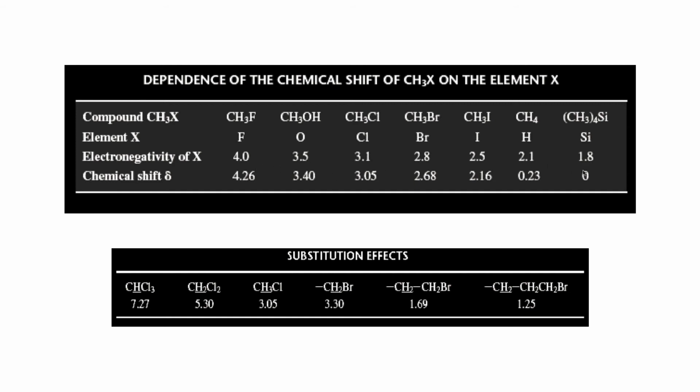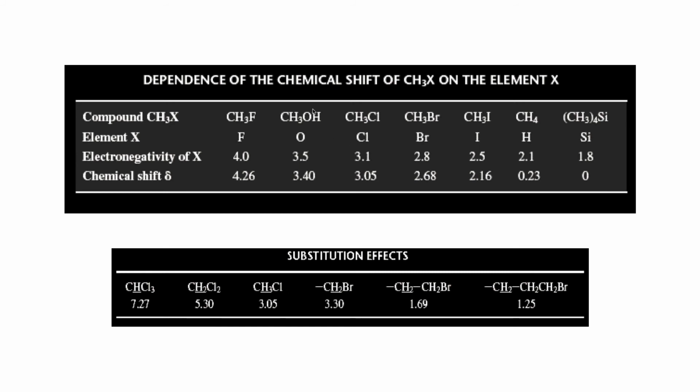With increasing electronegativity, the chemical shift values acquire higher numbers compared to silane. In fluoromethane, the fluorine is highly electronegative, which is why it highly deshields the methyl protons, and these protons usually appear at a delta value of 4.26.